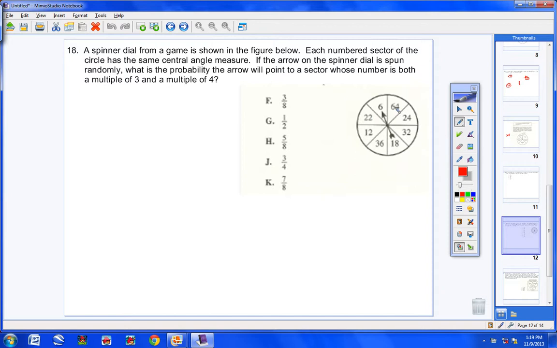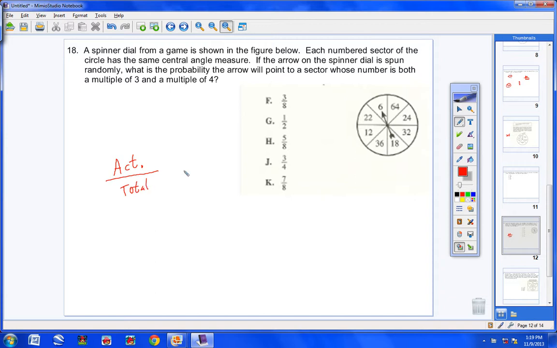Okay, anyway, so the 3 numbers I circled were 24, 12, and 36. Now, those 3 numbers are all multiples of 3 and 4. Now, that means, what's the probability that the arrow will land on one of those 3 numbers? Let's use this formula again. What are the actual numbers that I'm looking for over the total or the possible numbers?